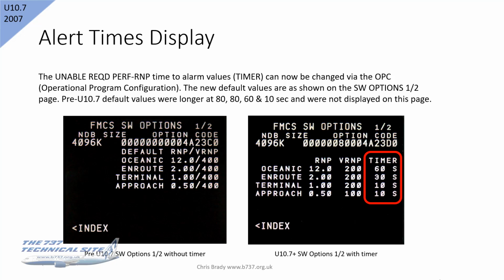You as an airline can now change these figures if you wish. The new default values are now shown on the software options 1 page. Pre 10.7, the default values were both longer at 80, 80, 60 and 10, and were also not displayed, so it was kind of a bit of a secret what they were. But now they're displayed, and as I say, your airline can change them if they so wish.